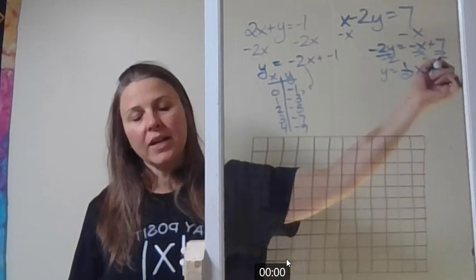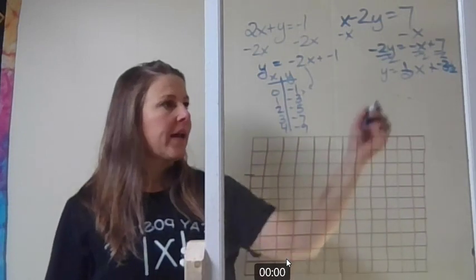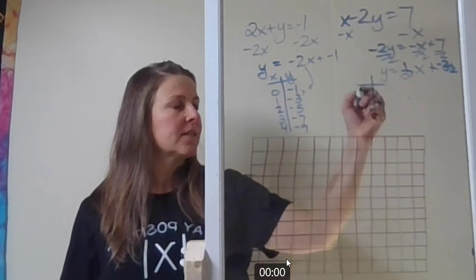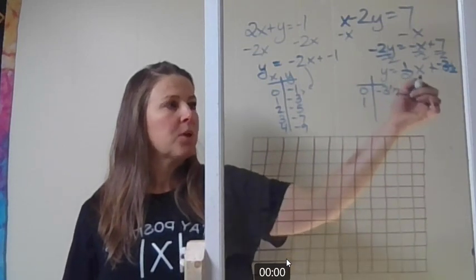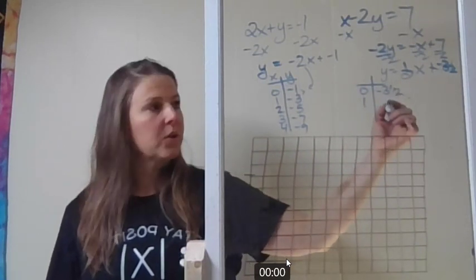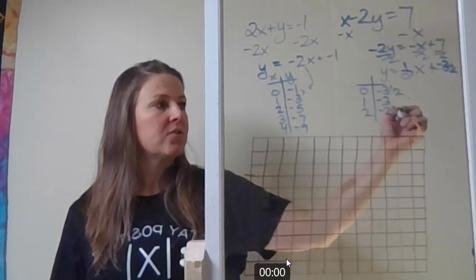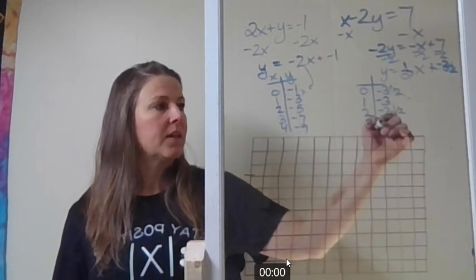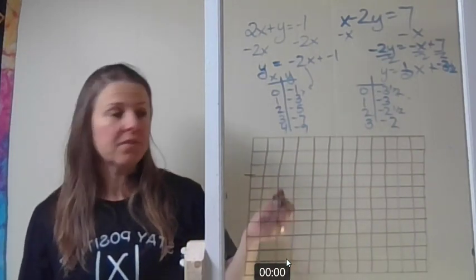And then 7 over -2 is -3.5. Okay, so to make a table of this, 0 would give -3.5. And then each time you're going up by a half. So 1 would give -3. And 2 would give -2.5, 3 would give -2, and we already have the solution point, so we don't even need to go any farther.